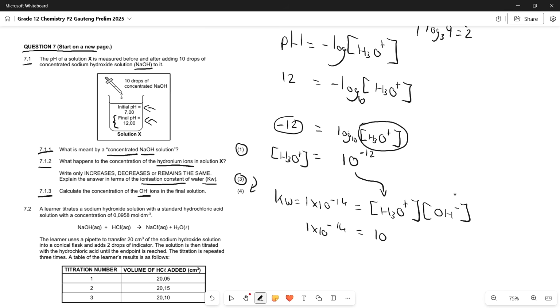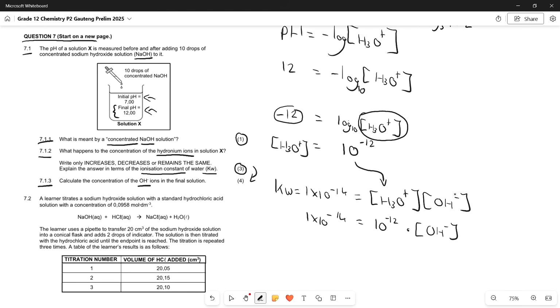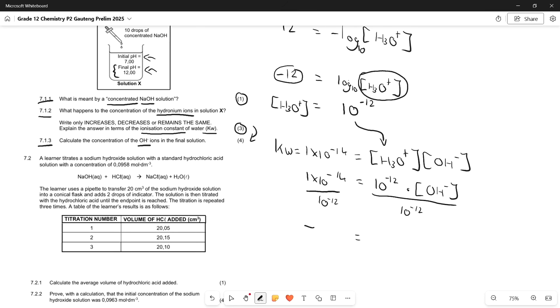This will equal 10 to the negative 12 multiplied by what we want, which is the OH minus ions, which means that we can just divide this by 10 to the negative 12 over here, divide this by 10 to the negative 12, and the answer for the concentration of the OH minus ions is 1 times 10 to the negative 2 mol dm to the negative 3.